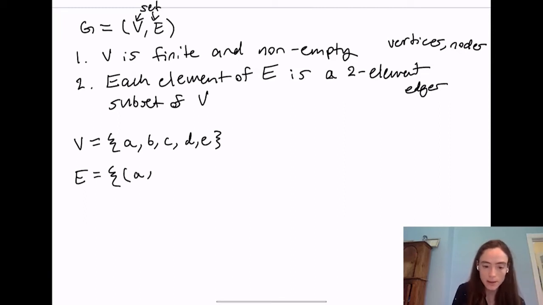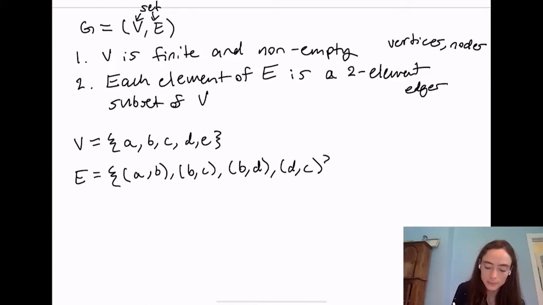So maybe A is related to B, B is related to C, B is related to D, and D is related to C. Now, this information that I just wrote down completely determines the graph.